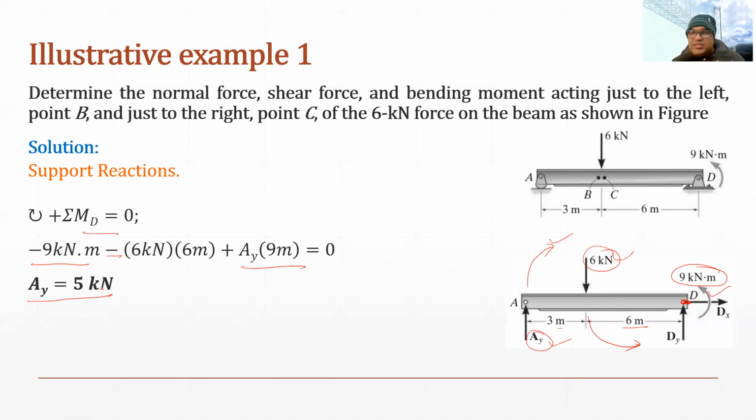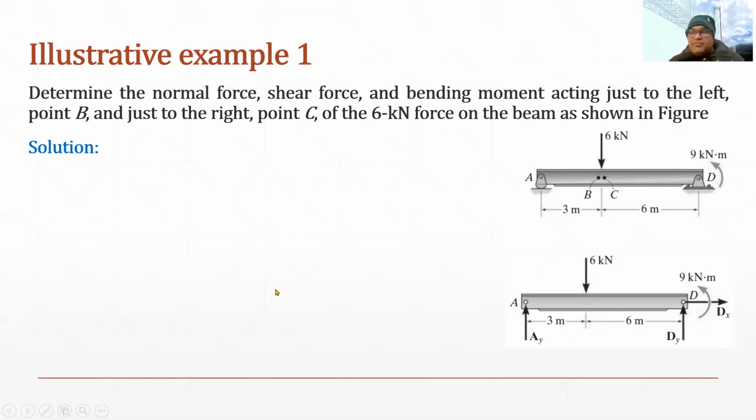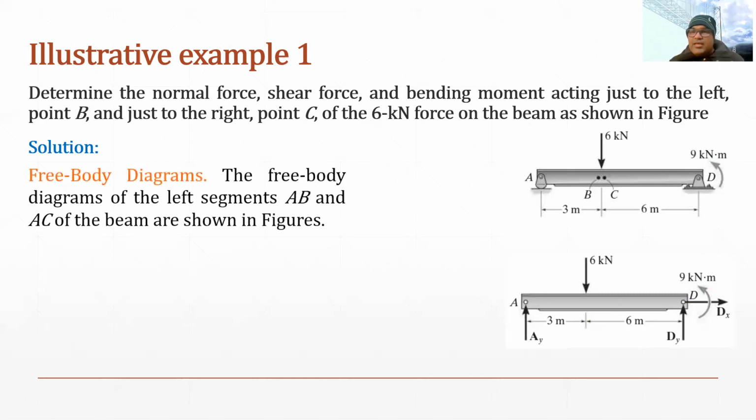So this is the reaction that is required to find out the internal loading. Now we will make the segments. We will make the free body diagram of segment AB and segment AC. If we take the free body diagram of segment AB, then it will look like this.